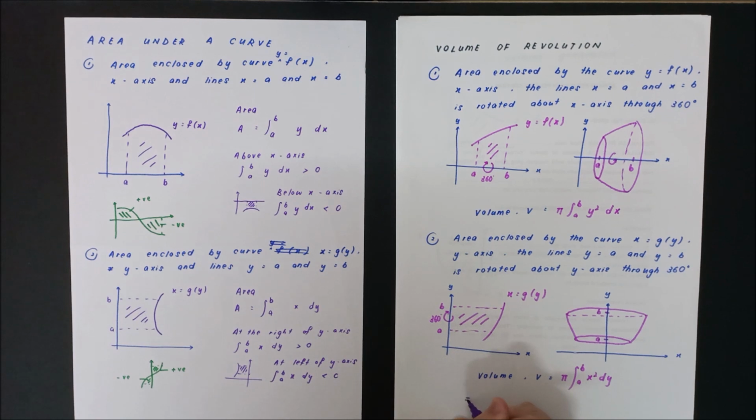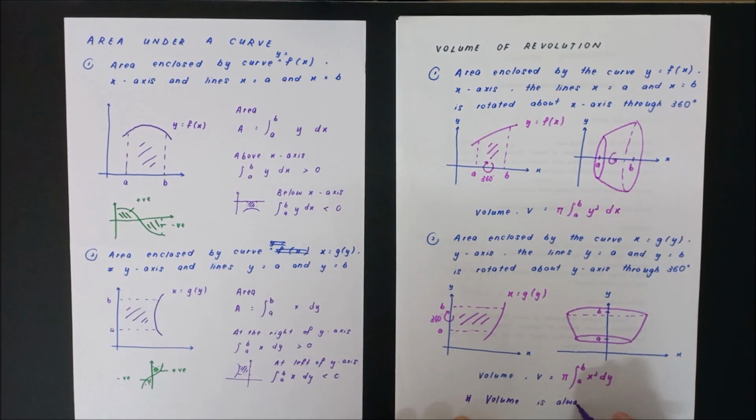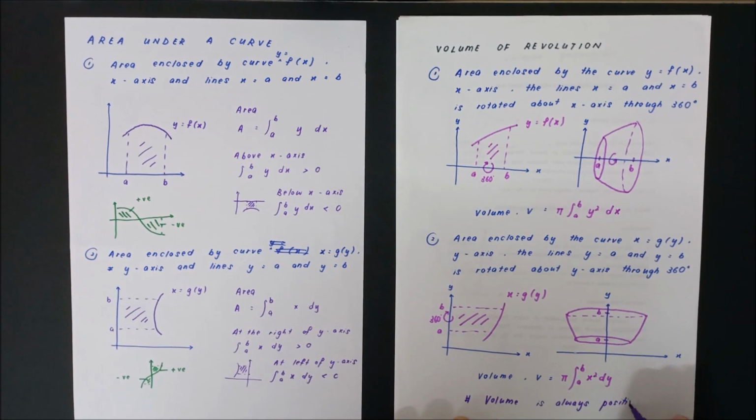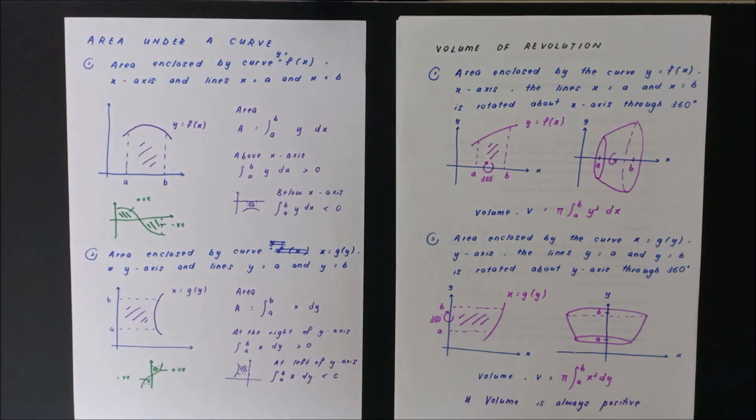So that's why all the volume that you find out from the integration will be always positive. So when you do integration for volume, if you get some negative number, then you know that something is wrong already. Okay, so volume will be always positive only.